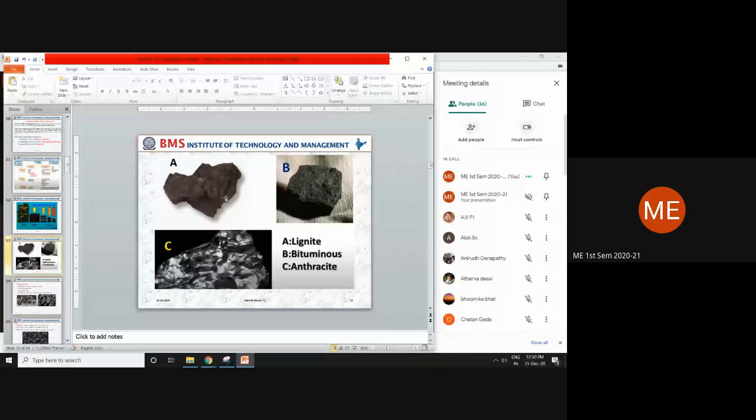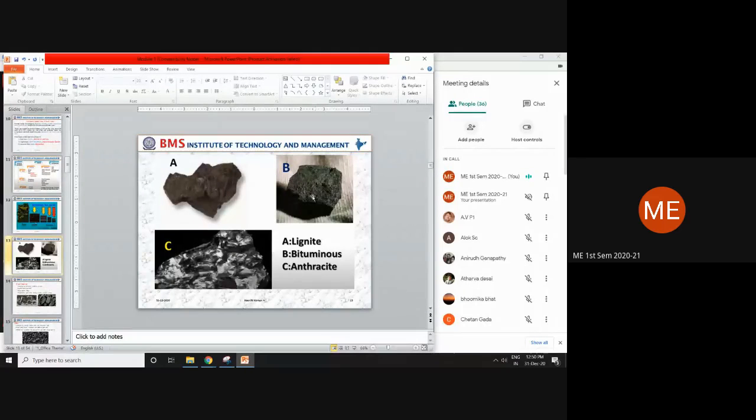But lignite has undergone less pressure, less temperature, and less time. So we get this coal. It will have moisture in it, and it cannot burn completely, and it looks somewhat brown in color. Any coal which is brown in color and a little bit porous, we can easily call lignite coal.